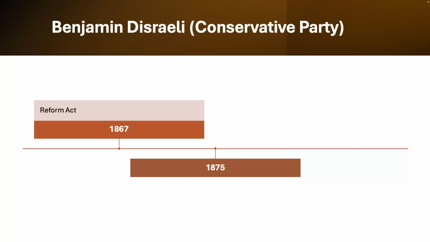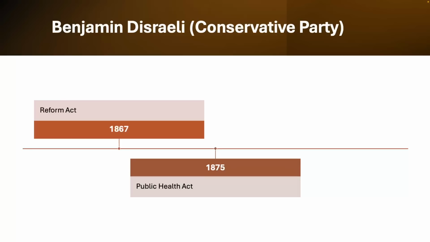And so we have to jump to 1875 when we see another major legislative change under Disraeli. This is the Public Health Act. Now, this marked the beginning of a significant change in public legislation as it concerns health in Britain.